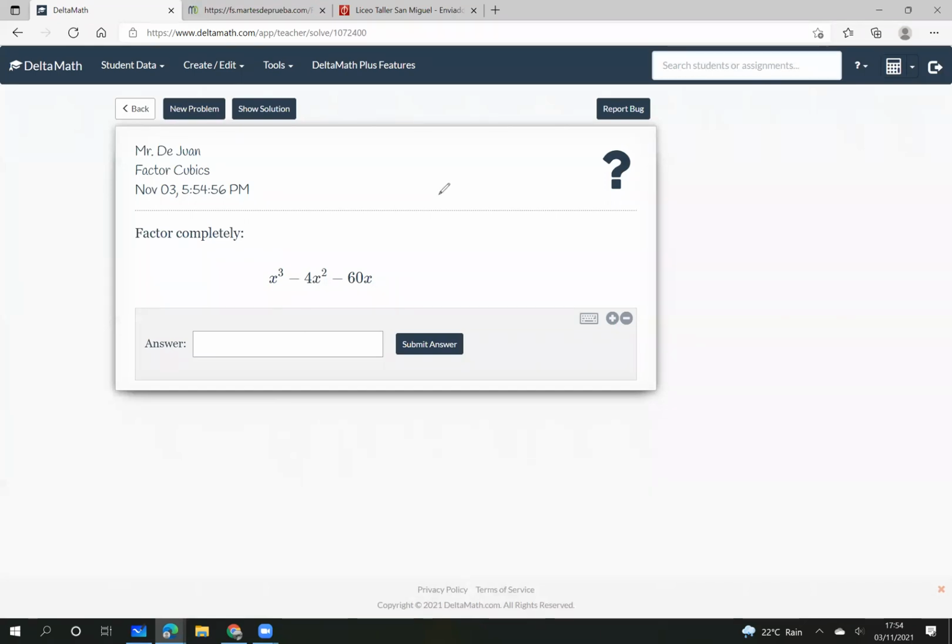¿Qué es lo que necesitamos de un cúbico? Necesitamos que adentro de la casita siempre terminemos con un x cuadrado. Así que, ¿se puede sacar un número de aquí? No lo veo, porque no hay un número que entre en 4, ni 60, ni 1. Pero puedo sacar un x.